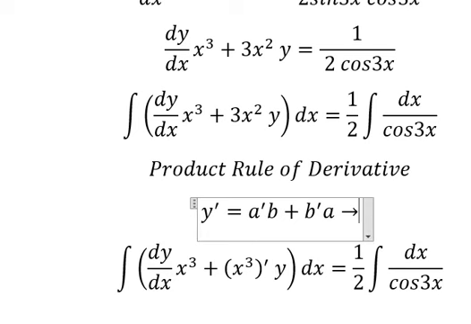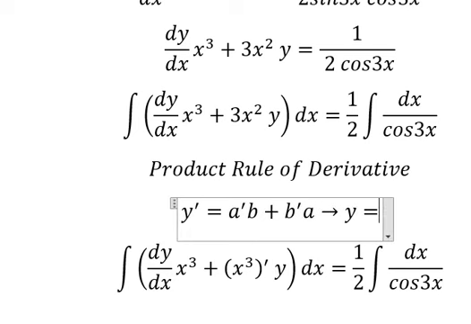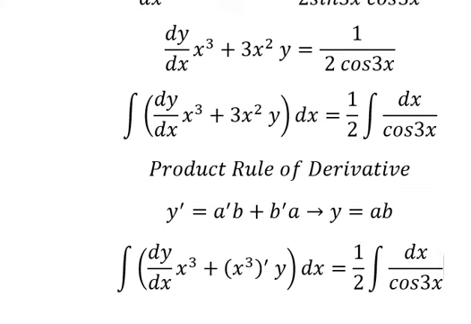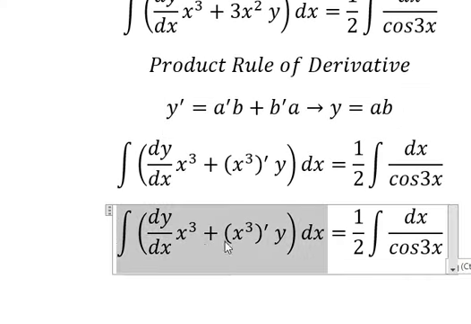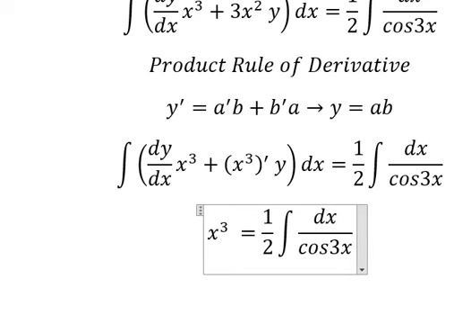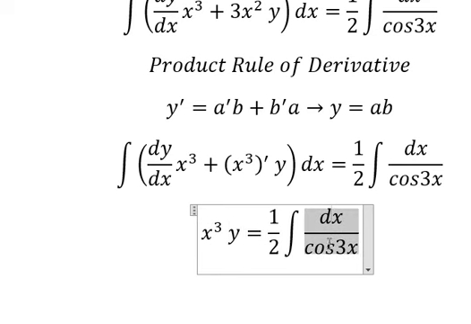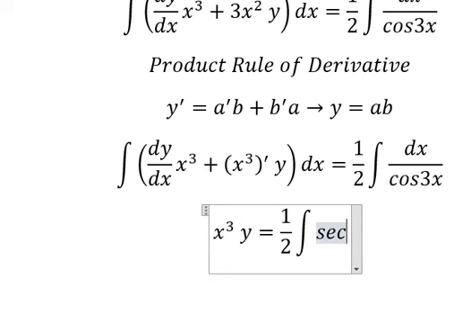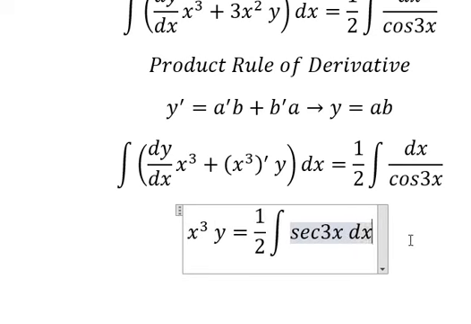So if I do this integration, we have y equals ab. So the integration of this one, we have x to the power of 3 multiplied by y. This one we have secant of 3x dx.